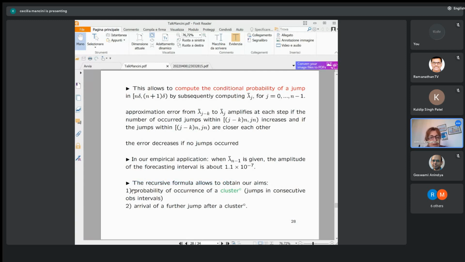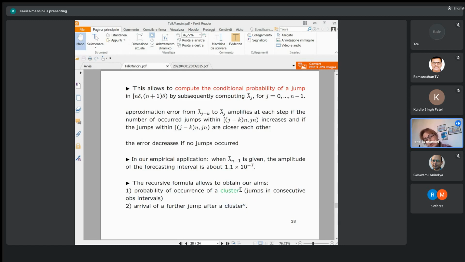the following results. The probability of the occurrence of a cluster, meaning jumps in consecutive observation intervals, and also the conditional probability of the arrival of a further jump after a cluster of consecutive jumps.